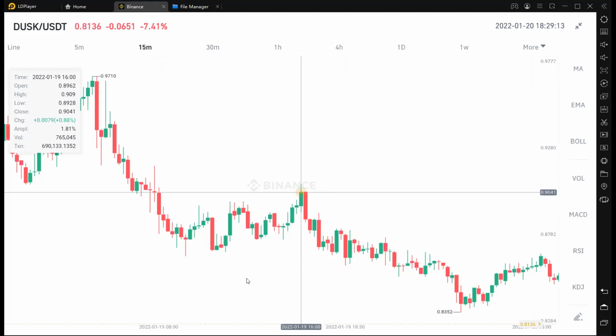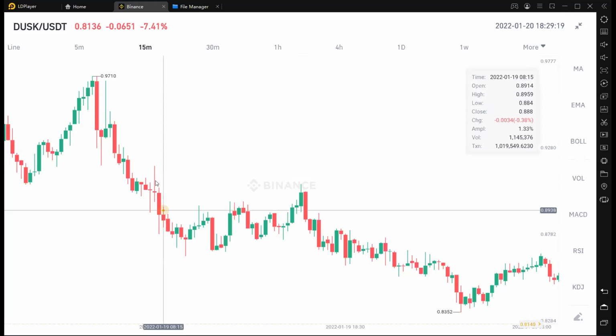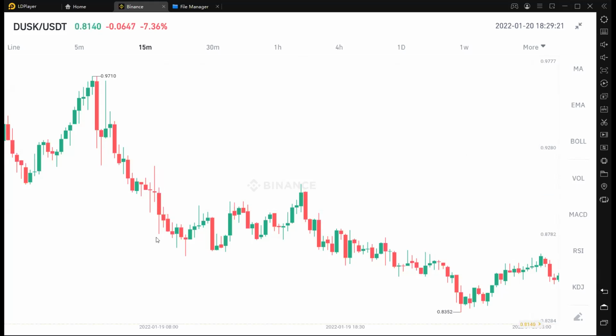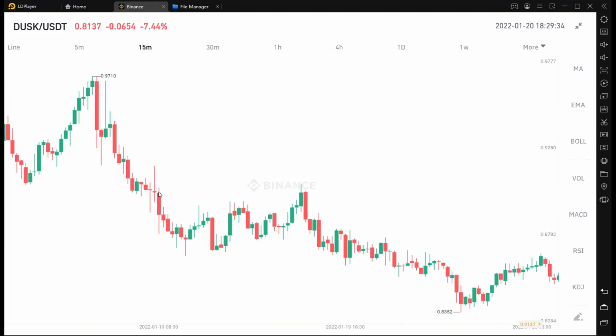For a red candle, let me look for a candle that has a wick. For a red candle, it's the opposite. It maintains the same high and the same low. This is the highest during this range, and this is the lowest. But the body, the open and close, is different because it's a red candle. A red candle means it's made a loss within that 15 minutes.